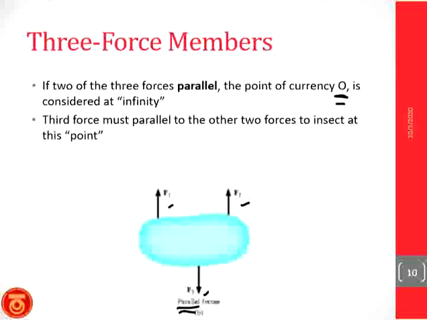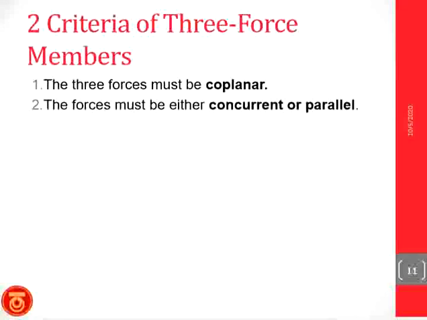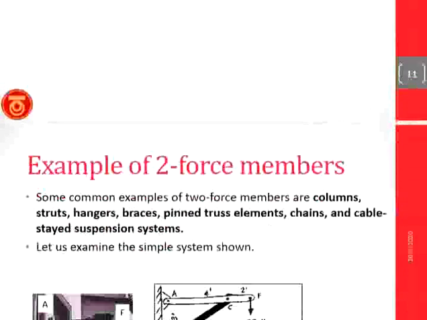But the third force must be parallel to the other two forces. Therefore the two criteria of a three force member are that the three forces must be coplanar and the forces must be either concurrent or parallel. So this is the criteria for a three force member.